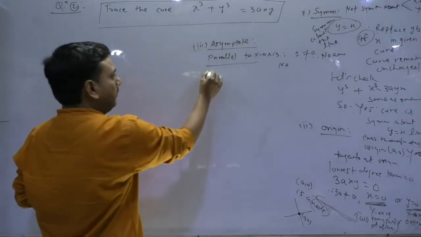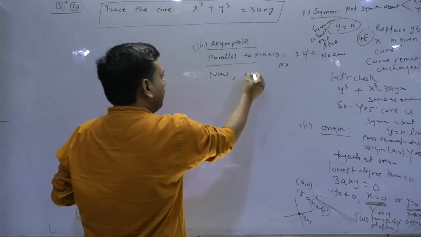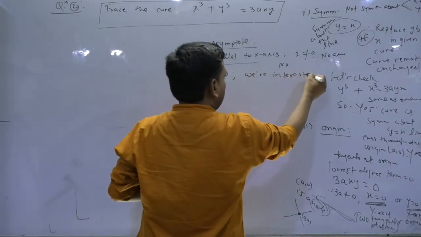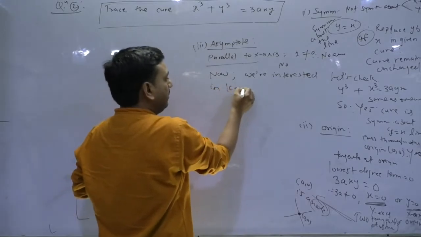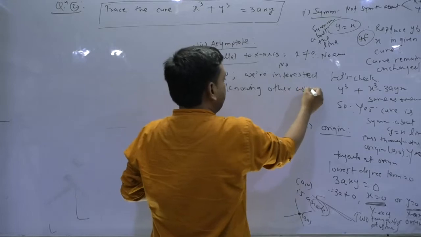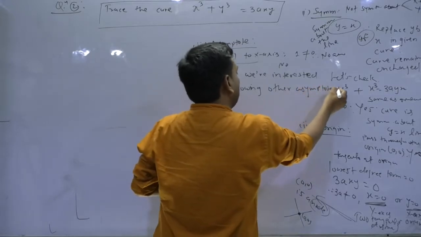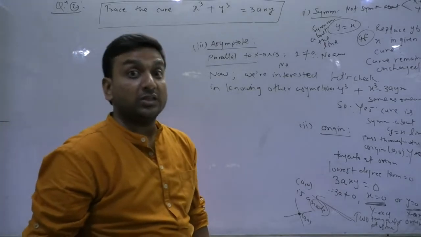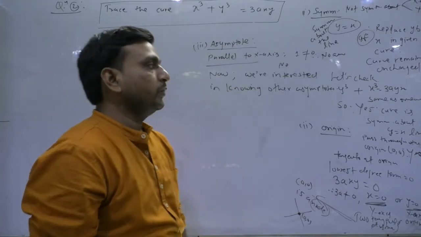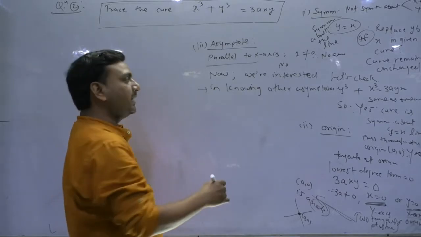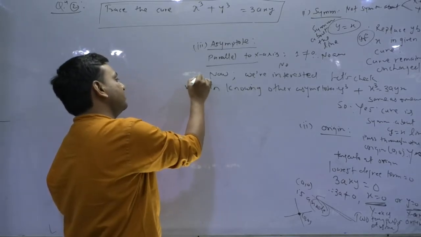So now we are interested in knowing other asymptotes. For that the previous lecture will come into the picture. So mark a star here.